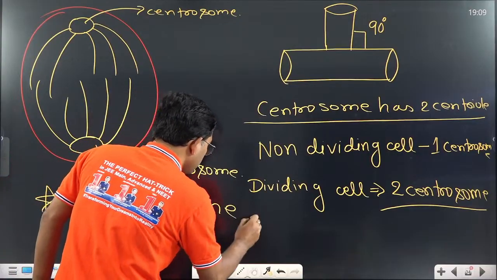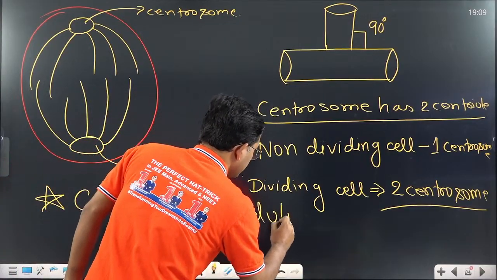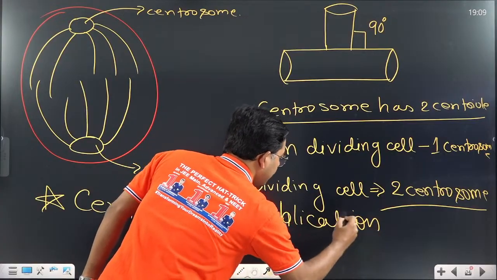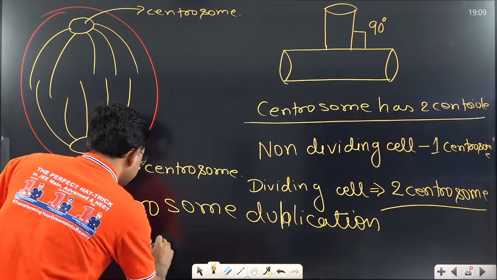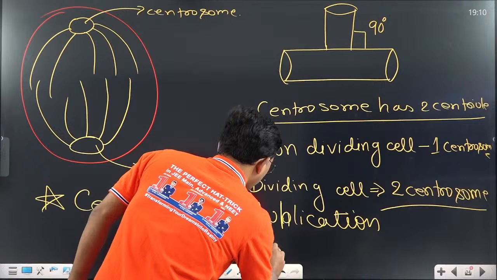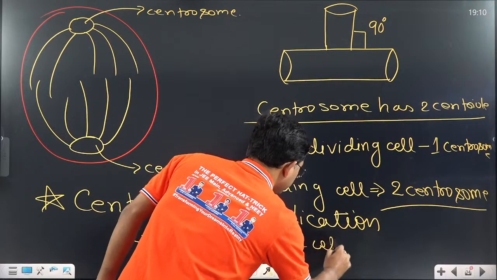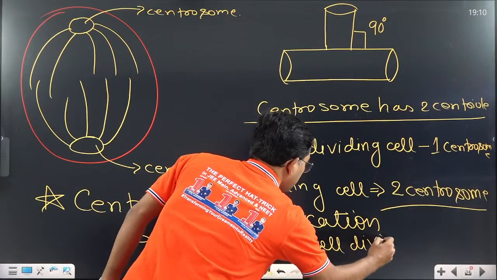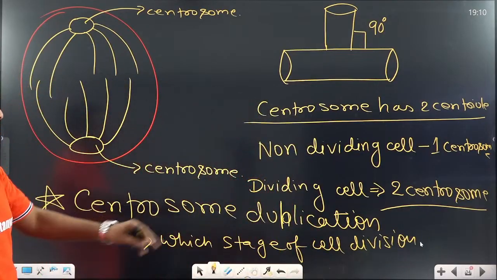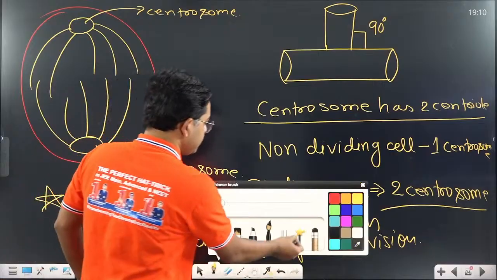So if I give you this question, centrosome duplication take place in which stage of cell division? Tell me, in which stage of cell division the centrosome duplication take place?